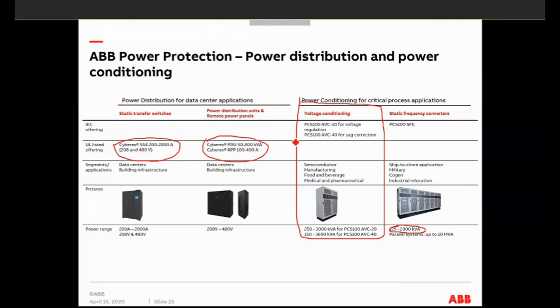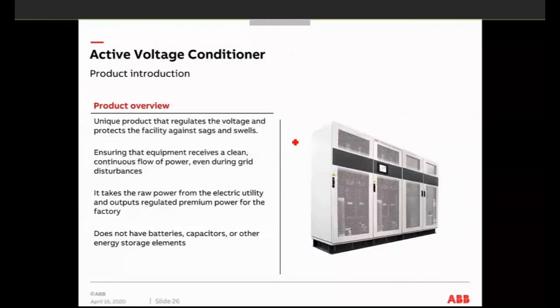All right. So to give you an introduction or a product overview, what is the active voltage conditioner? An active voltage conditioner is a combination of a rectifier and inverter, and it regulates sags and swells, but it doesn't need any battery storage.